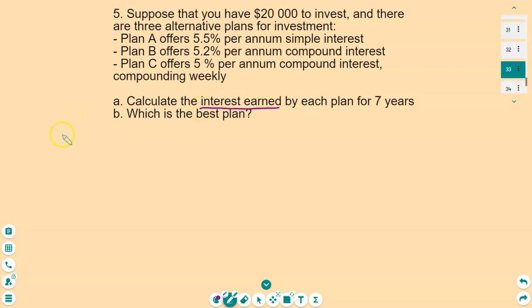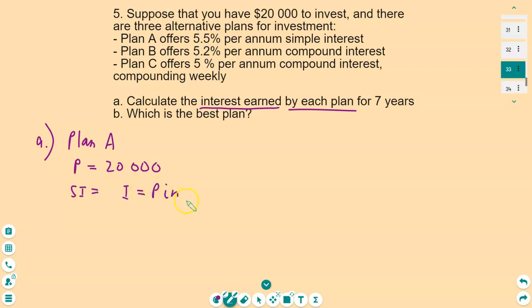Let's do this. Interest earned by each plan. Let's do plan A first. The principal, $20,000. Simple interest, might just write that down straight away. Simple interest, we've got interest equals PIN, which will be on your formula sheet. 5.5% per year.